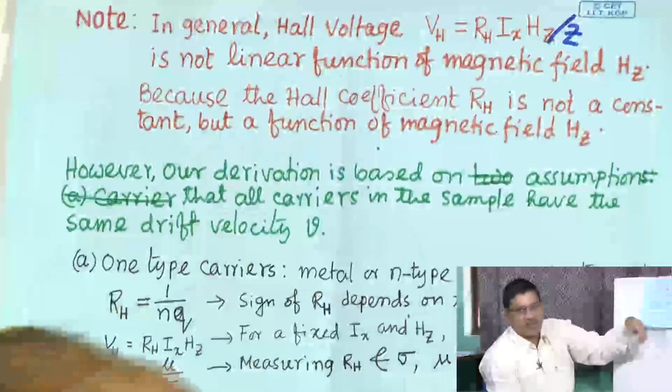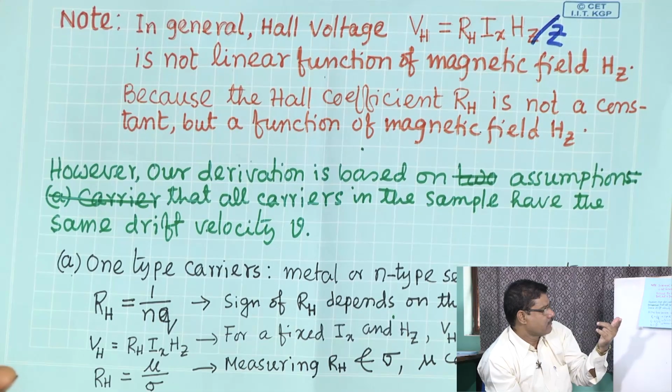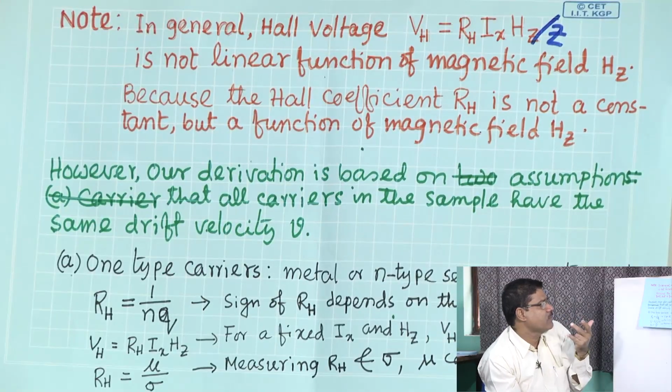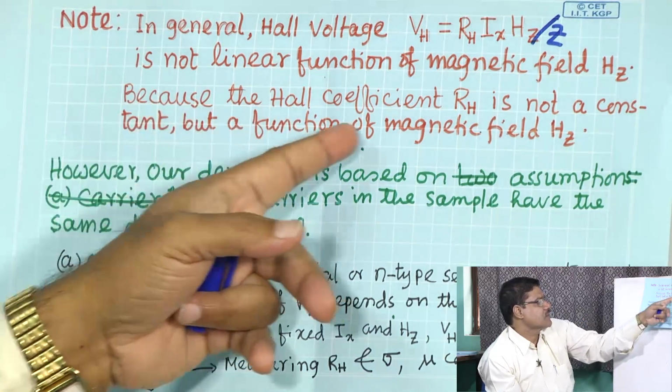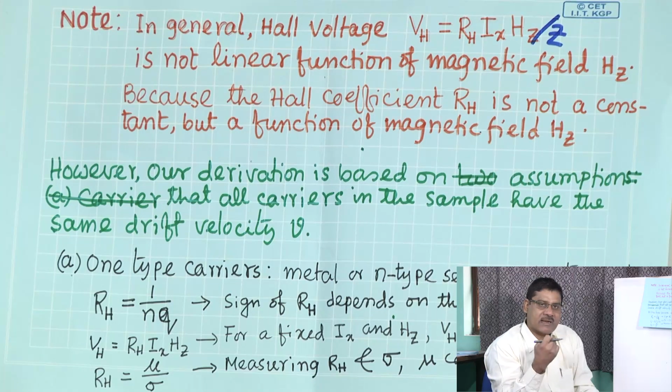According to this formula, it is expected that it will be linear, but it is not linear in general, because only if RH is constant will it be linear. But this Hall coefficient is not constant; it is a function of the magnetic field.